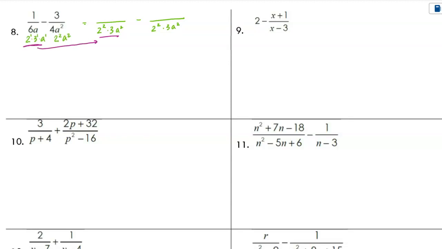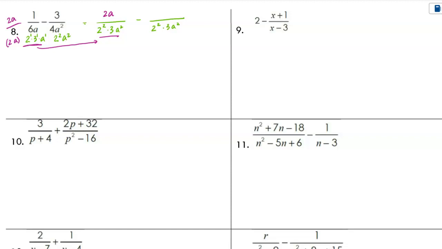The way that we do that is to multiply this by 1, 2. We have a 3 already, and 1a. So what we do to the bottom of the fraction, we have to do to the top. So that numerator is going to be 2a.